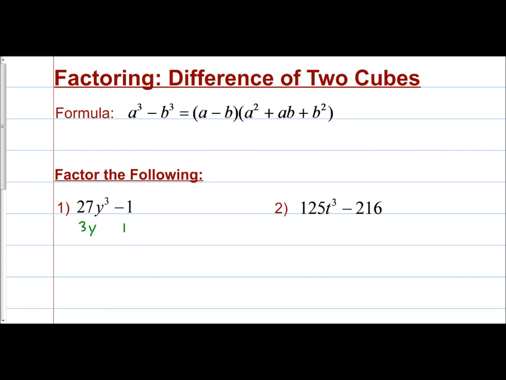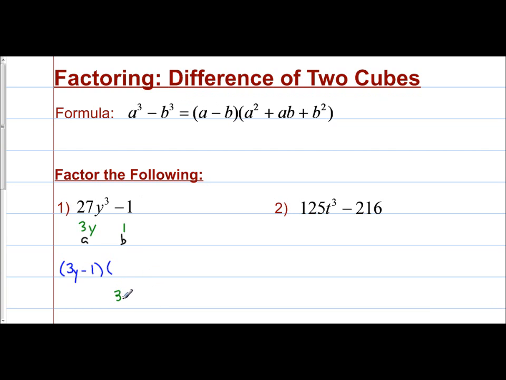So I have my a and my b. My a is 3y and my b is 1. I go directly into the formula. I have a minus b, so 3y minus 1. In the next parentheses, I have a squared.